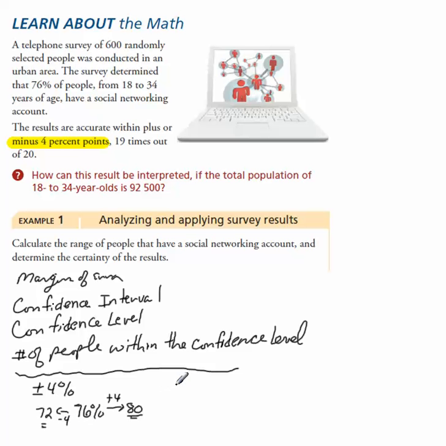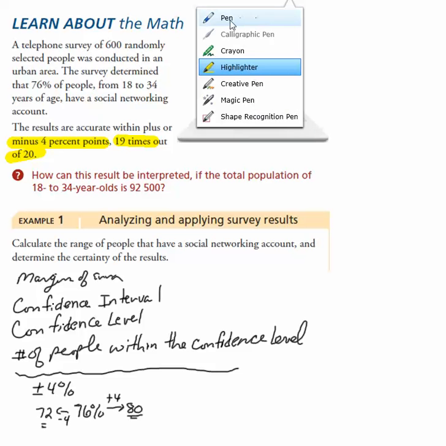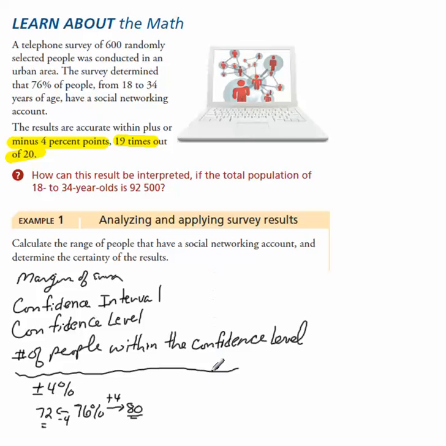Now the confidence level is here, 19 times out of 20. They're saying that their results should work out to what they've expected. Now if you want that out of 100, so we'll change it to a fraction of 100.